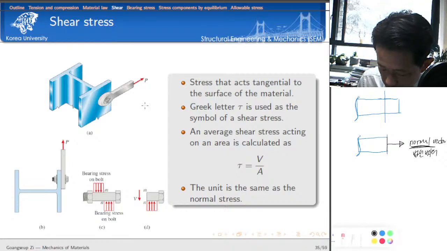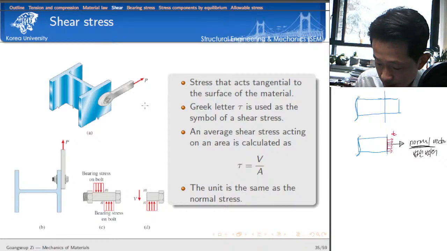Then if you measure the stress on this cross section, and its direction is parallel to the normal vector, if the traction or the distribution of stress is parallel to the normal vector, then we call it normal stress. That's why we call it normal stress. 수직응력.